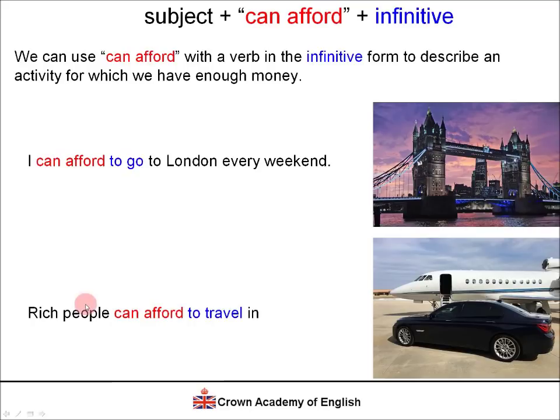Another example: rich people can afford to travel in private jets. Can afford to travel. So here is the infinitive, to travel. So this is the activity that rich people have enough money for. Okay? So can afford plus a verb in the infinitive. Very common.